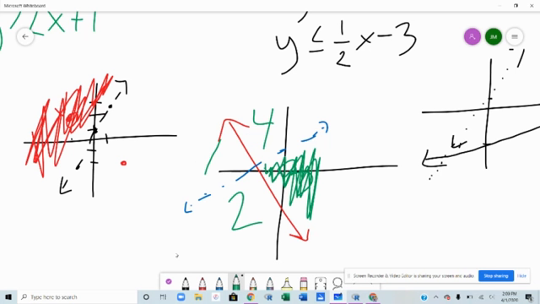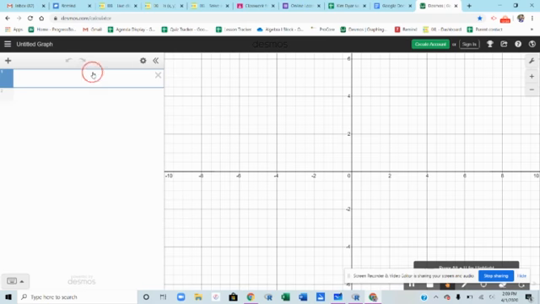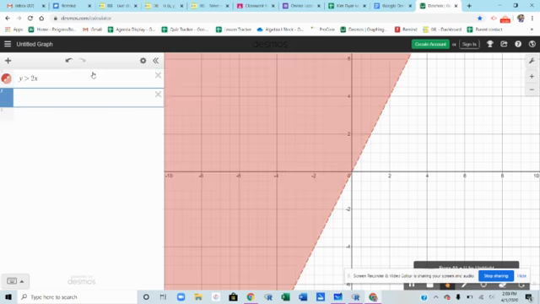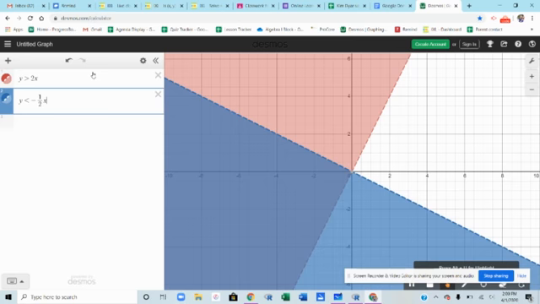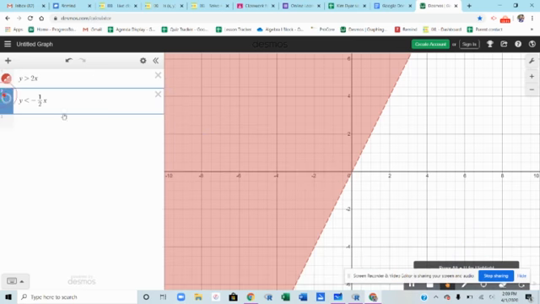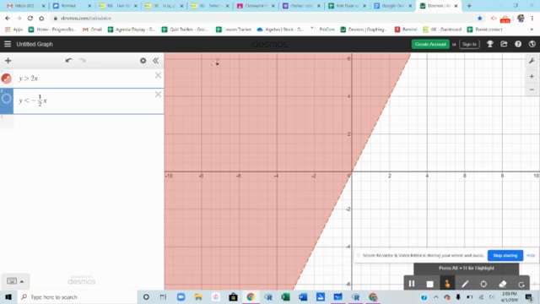I'm going to show you how to use Desmos to help you figure out where your shading is going to be. Okay, if I come to Desmos real quick, and I'm going to type in two inequalities. Okay, so here's my first one. So do you see how this red is where my shading is?